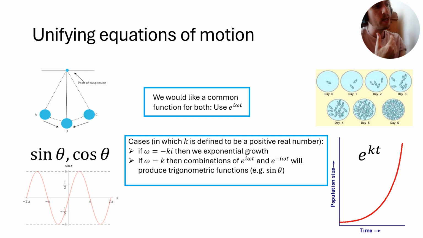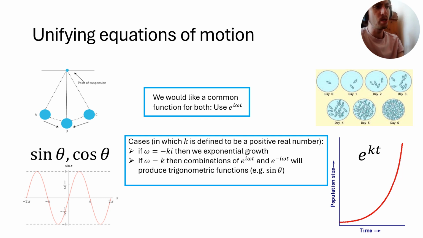Now, similarly, if we say omega is k, and we insist again that k is a positive real number, then using combinations of e to the i omega t and e to the minus i omega t, we can define or construct the sine function and also the cosine function.